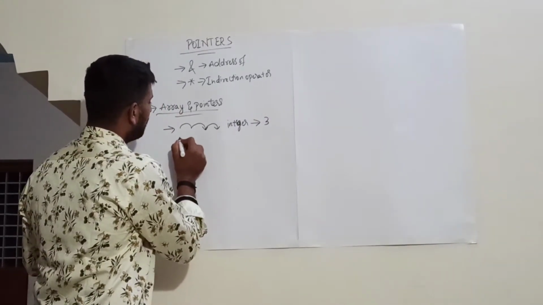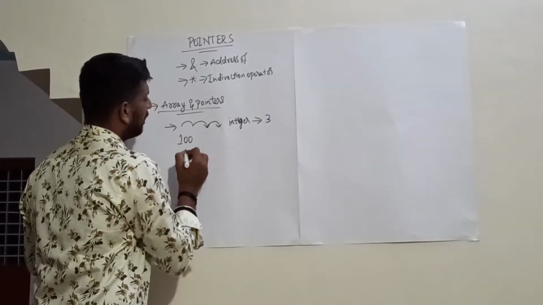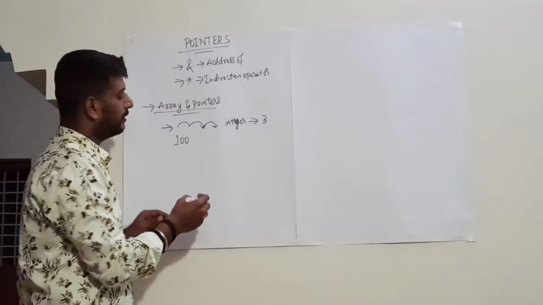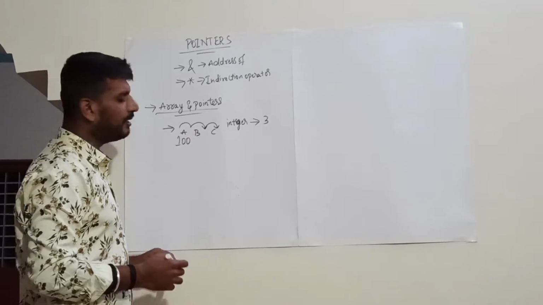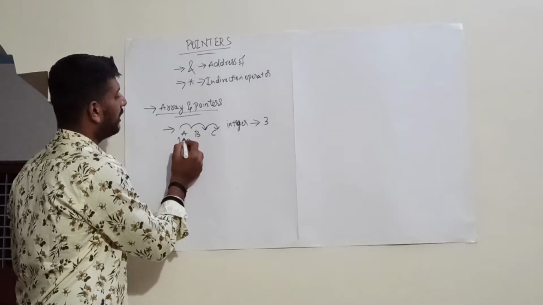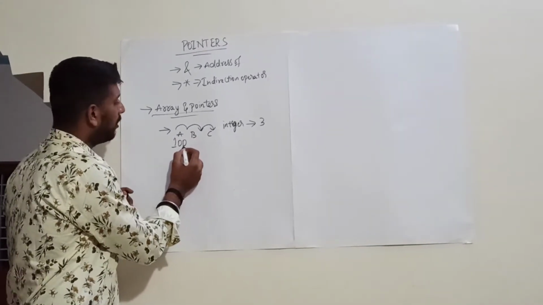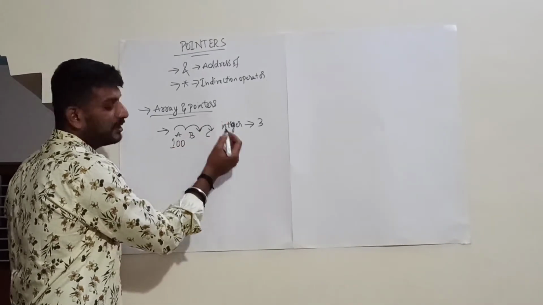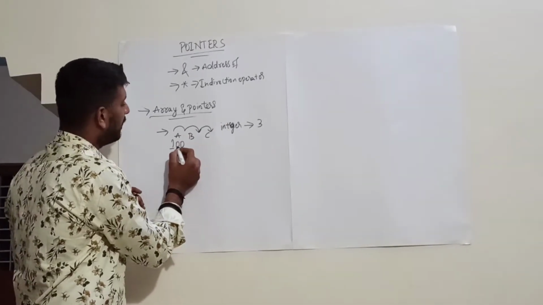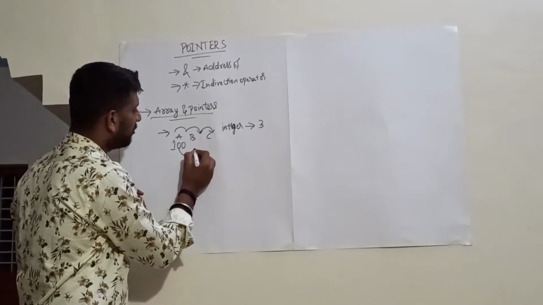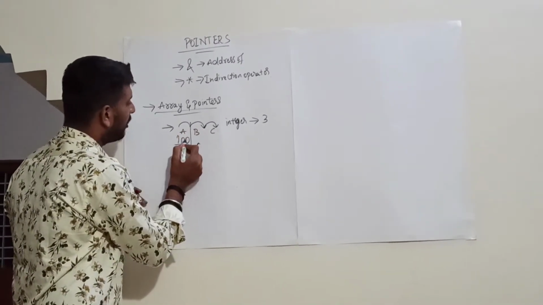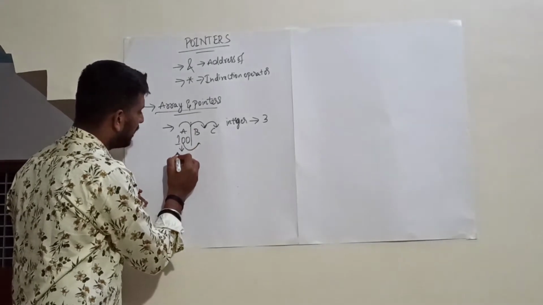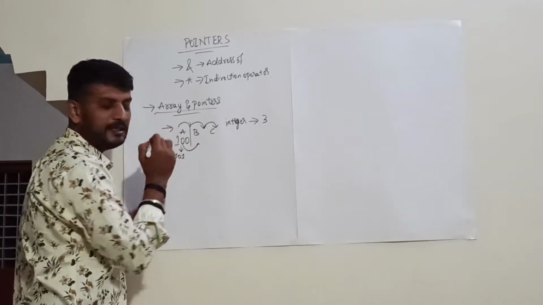Let us consider you have three integer variables a, b and c. The address of the first integer variable is 100. Since you are using integer variables, an integer will be occupying 2 bytes of memory. So the first one will have the locations 100 and 101.